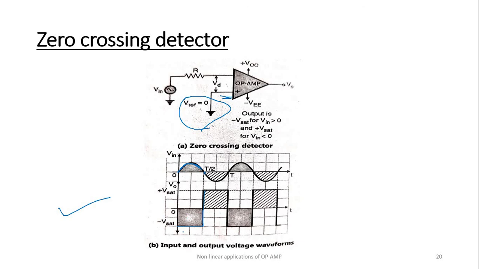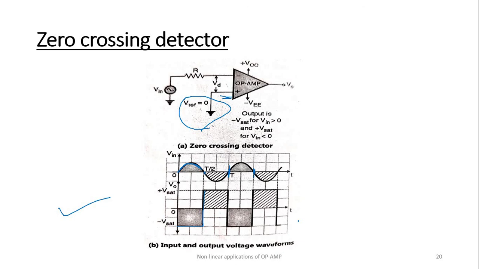The zero crossing detector thus switches its output from one state to the other every time the input voltage crosses zero. You can see in this figure, when the input voltage touches zero, the output voltage swings from one state to another.